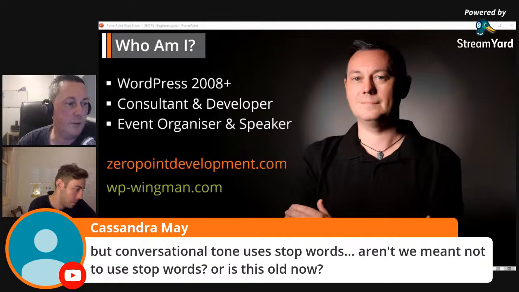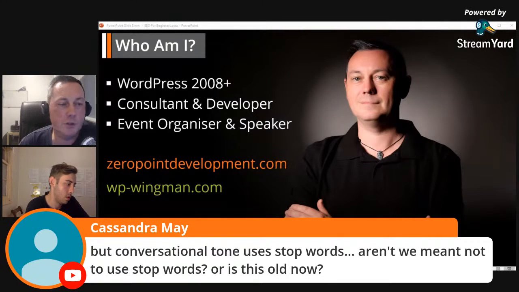Okay, so: conversational tone uses stop words. Aren't we meant not to use stop words, or is this old now? The way that Google is ranking content changes so much now. I mean, as I said, they have big updates. There's one recently, and then they roll out all these smaller search updates.